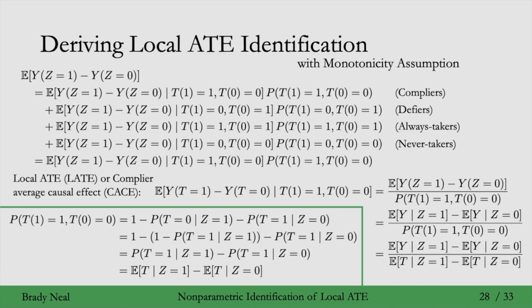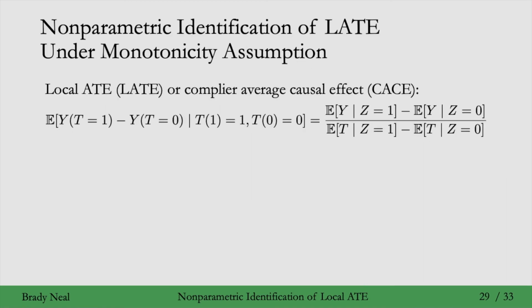We end up with the fact that the local average treatment effect, or complier average causal effect, is equal to the difference in conditional expectations in y given z divided by the difference in conditional expectations in t given z. So it's like the association between y and z divided by the association between t and z, which should seem familiar to you. Okay, so let's get rid of all this derivation and just write the result. That's what we have in this equation here.